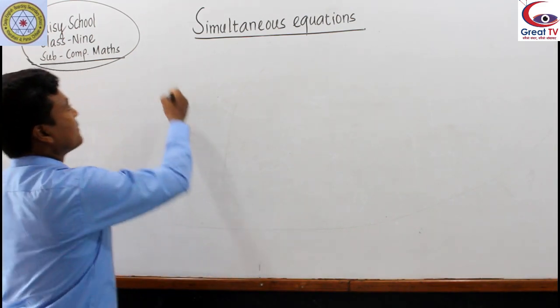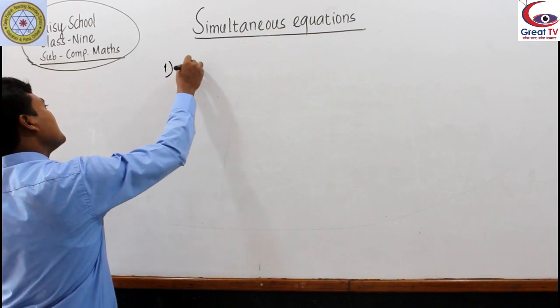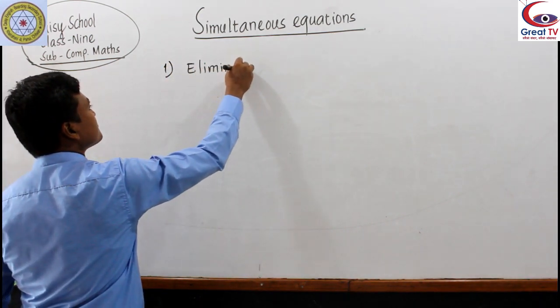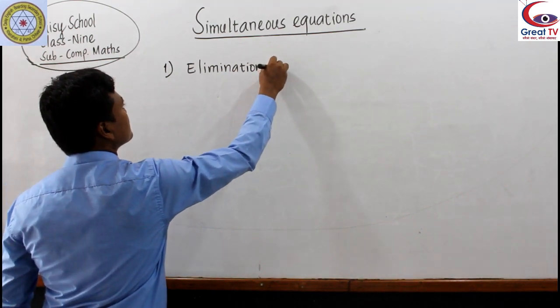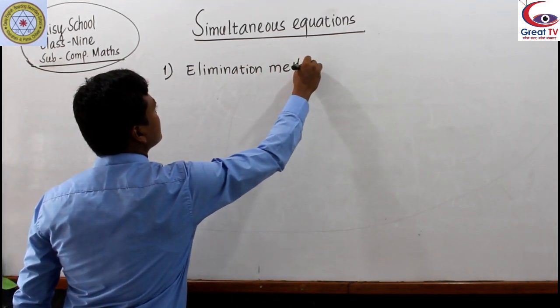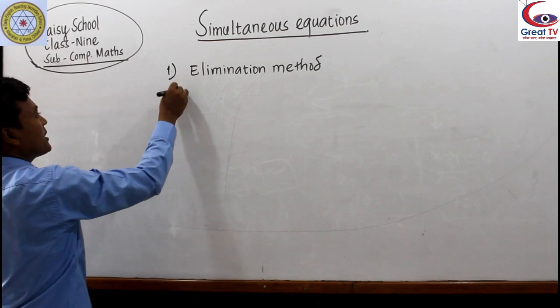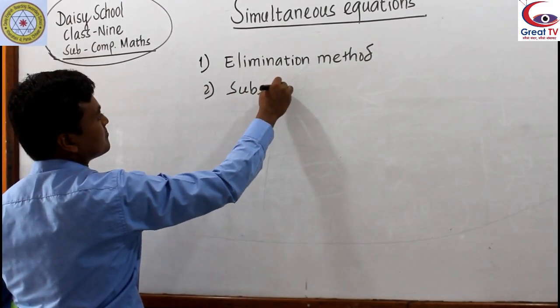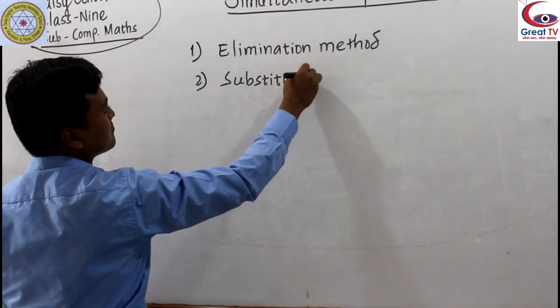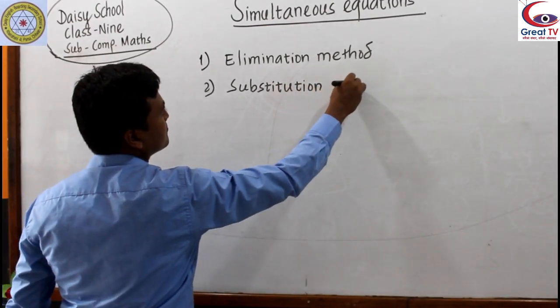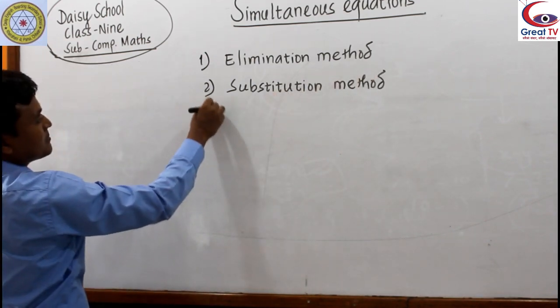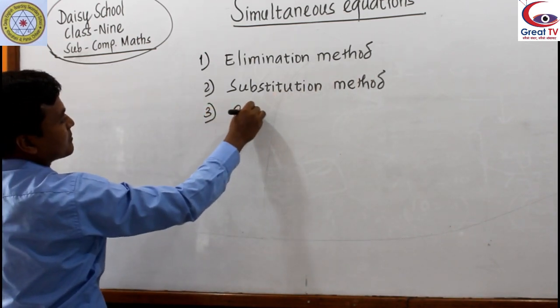They are, first one, elimination method. The second one, substitution method. Third one, graphical method.